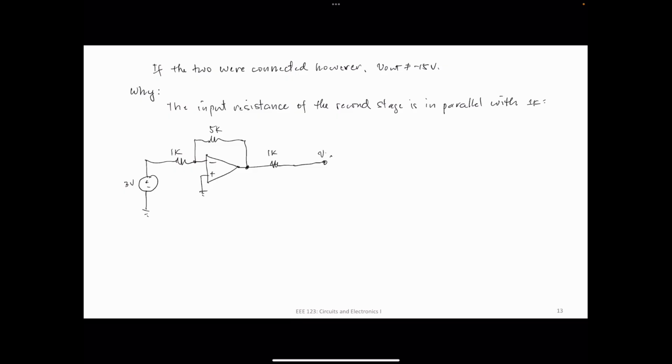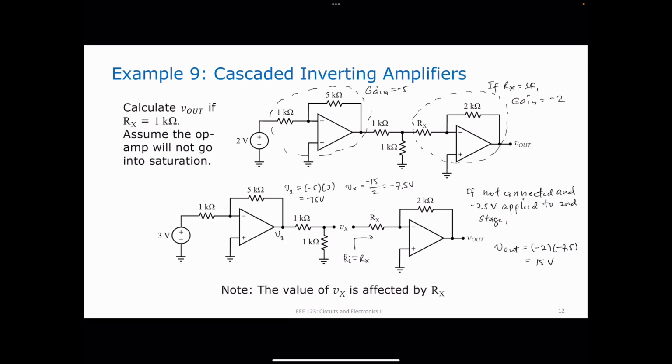Okay, this is Vs of X. I have here 1K. And now here I have Ri. Okay. That is going to be the equivalent circuit. When these two are connected, that's going to be the equivalent circuit as seen by this particular op amp.